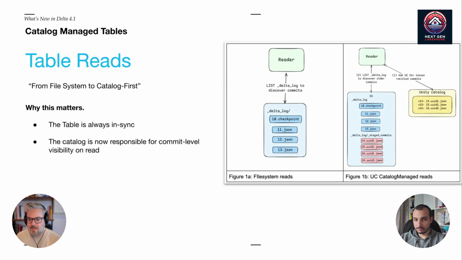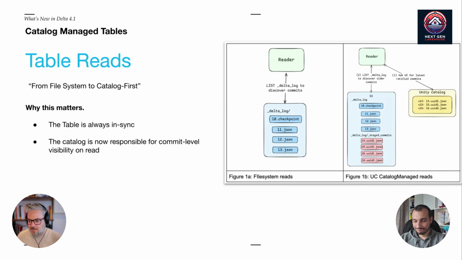The big thing is the catalog is responsible for commit visibility, and as a reader of a table you shouldn't have to care whether it's going to be correct. Unity Catalog's responsibility is to make sure that the table is always in the correct order and that the data is exactly what you believe it should be. So there's no more guesswork. Back in the day, there was S3Guard and other things like that.